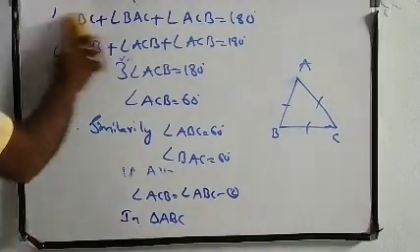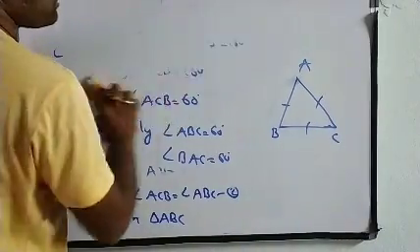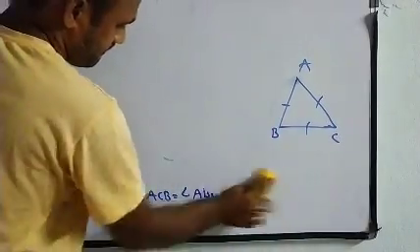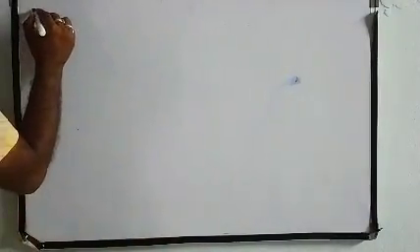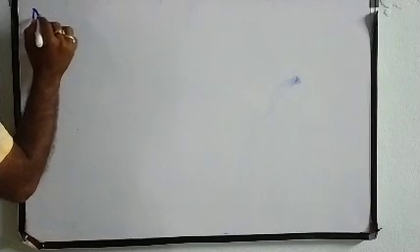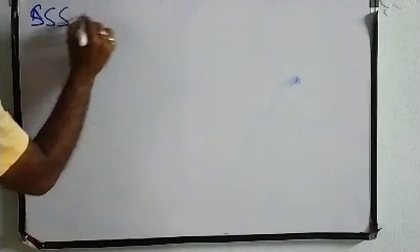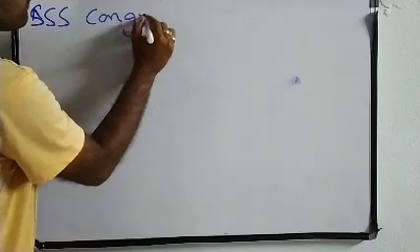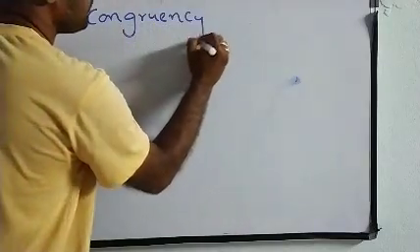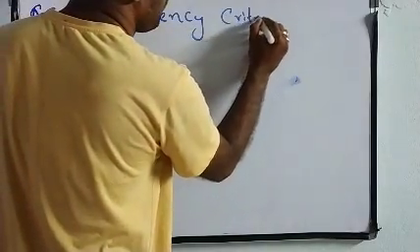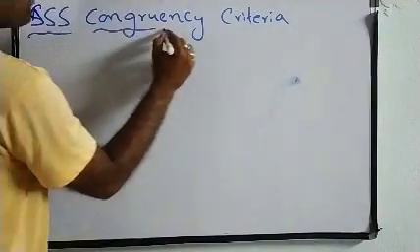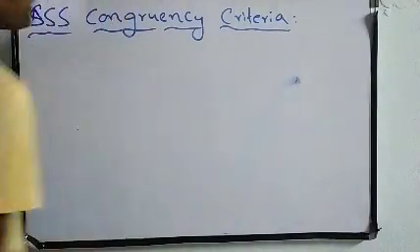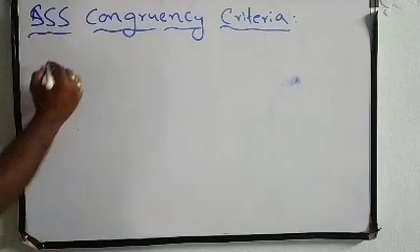Next, let us look at some more criteria in triangles. The next criteria we have is the SSS congruency criteria, which is nothing but side-side-side.